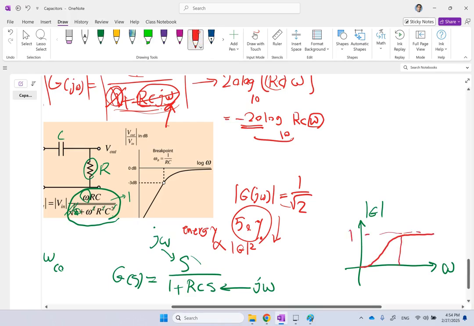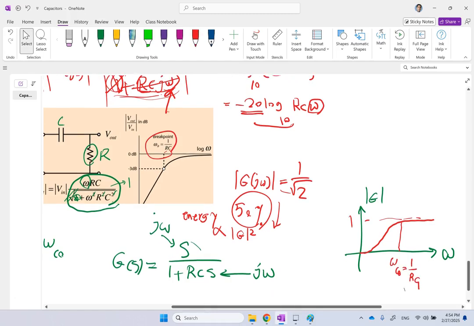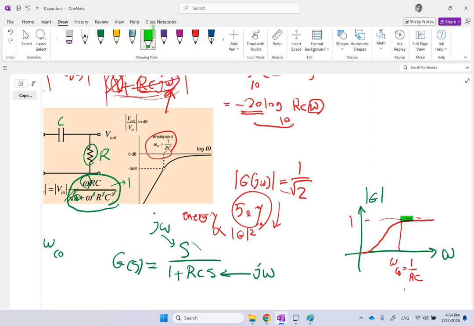Again, it has a cutoff frequency, which is the same as 1 over RC. And you can say that if you want to make this ideal, below this frequency, your filter is attenuating signals.